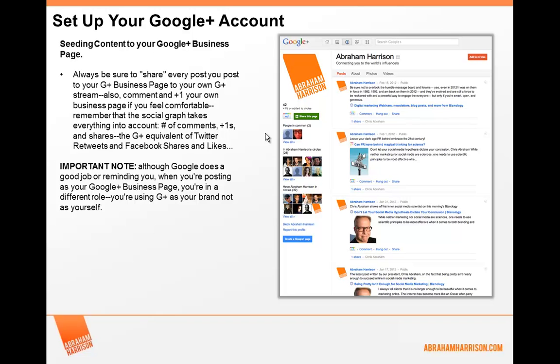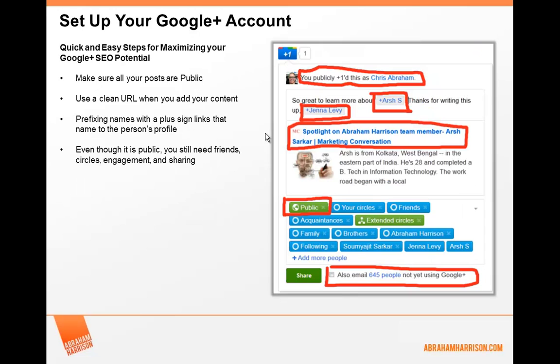Comment and +1 your own business page if you feel comfortable. And the social graph is about connectivity and interconnecting. You got to make sure that you change your role back and forth. That kind of sucks. Make sure all posts are public.